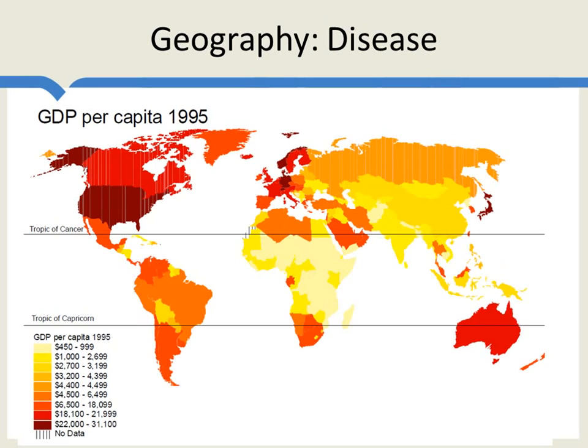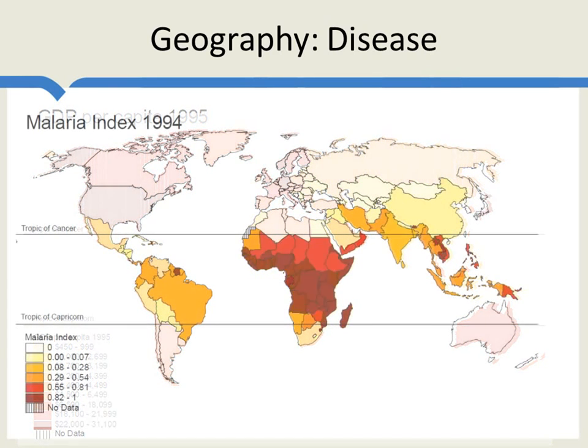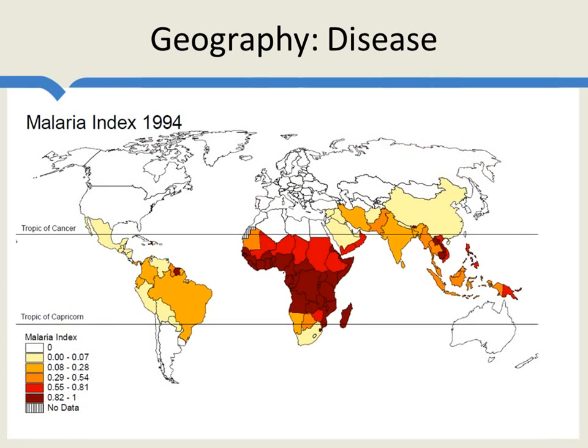Well, why is this? Let's take a look at the malaria index. What you see immediately is that the malaria index is almost perfectly inverse to the GDP per capita. Now this index, it's not the number of people who get malaria, which also depends upon GDP per capita.